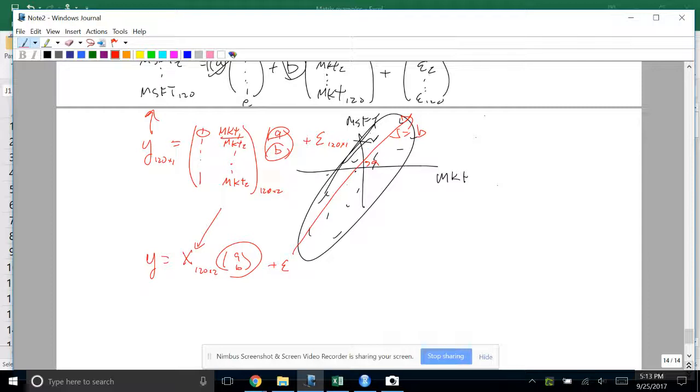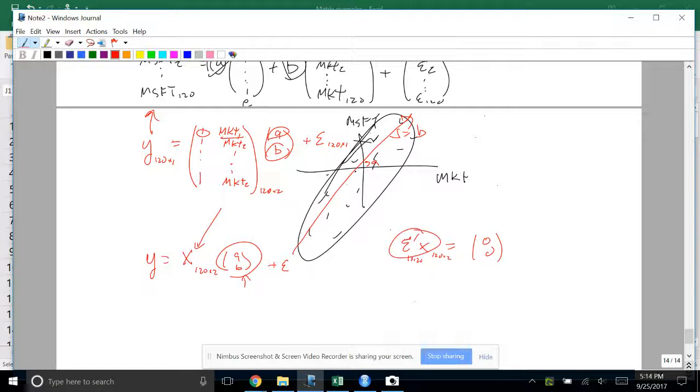So what we want is to solve for A and B such that we're extracting all the information. So what we'd like to see is that epsilon transpose times X is going to equal, what would that be? 1 by 120 times 120 by 2, it'd be 0 and 0.